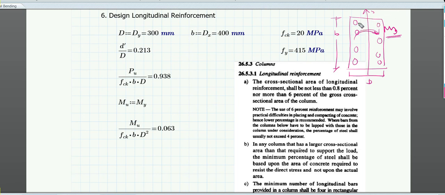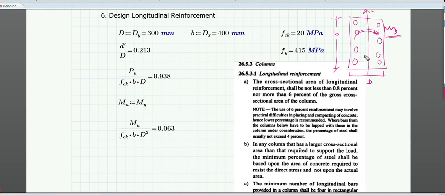In this case, as this is a rectangular column and we have a moment, we are assuming that we will provide the reinforcement only on the two sides, equally on the two sides, and this is also very small, only 300 mm. So there is no problem if I do not provide any reinforcement over here and over here, because the spacing criteria will be met.